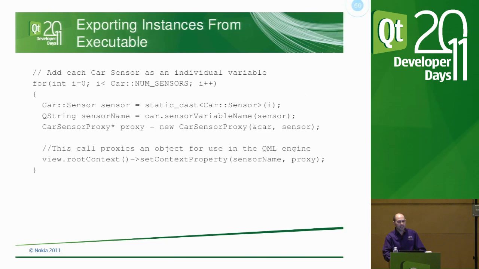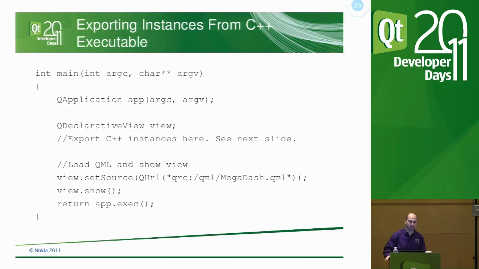So I'm basically taking things that I allocate in C++, that I control the life cycle of, and pushing them into the QML execution engine. The only rule is that for the lifetime of the view, these objects need to exist, or you're going to get seg faults. Makes sense, right?